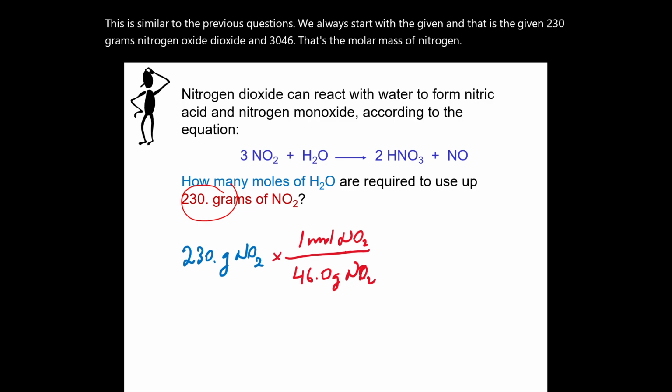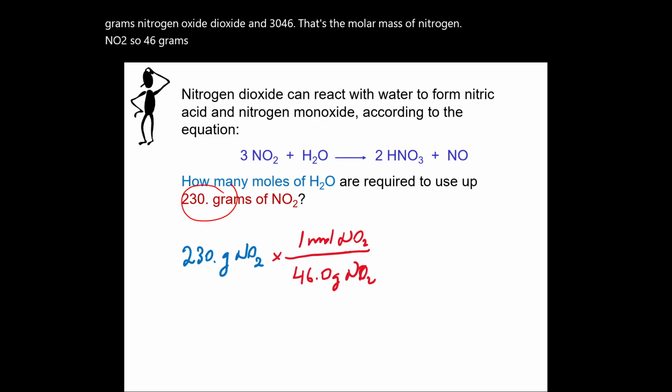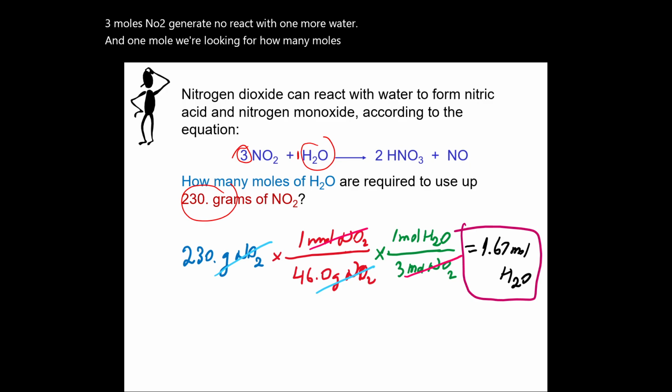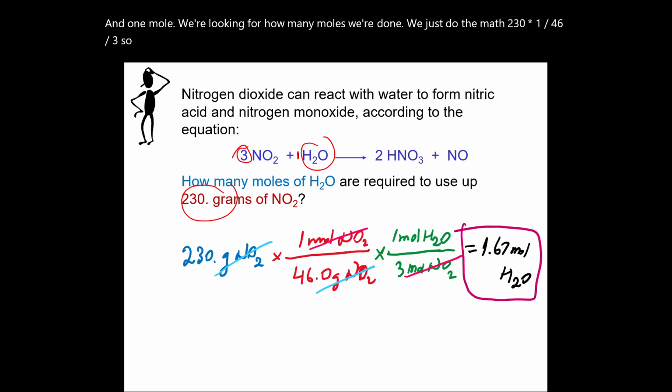So 46 grams of NO2 is 1 mole of NO2. 3 moles of NO2 react with 1 mole of water, and we're looking for how many moles. So we just do the math: 230 times 1 divided by 46 divided by 3. So you come up with 1.67 moles of water required.